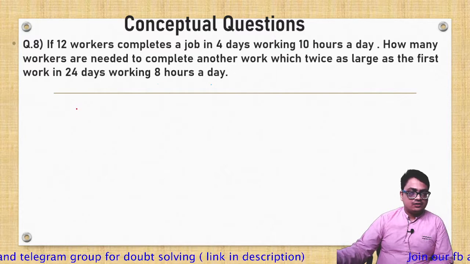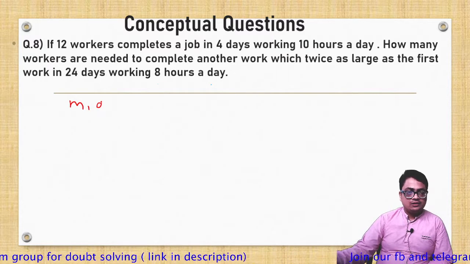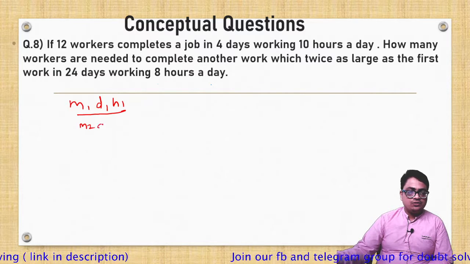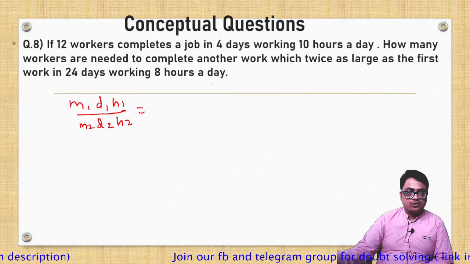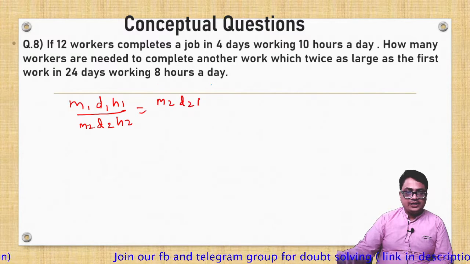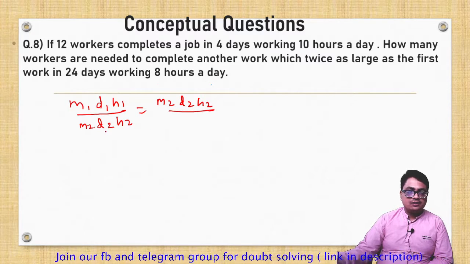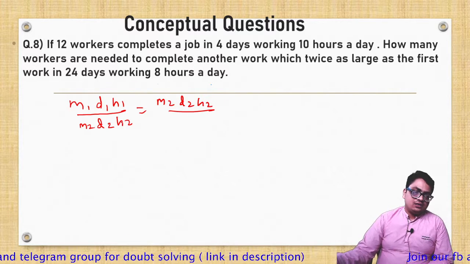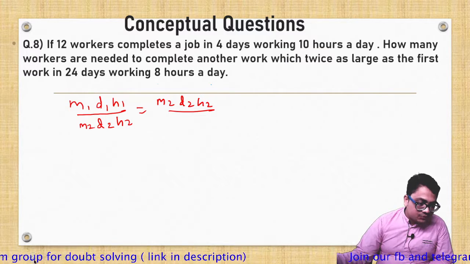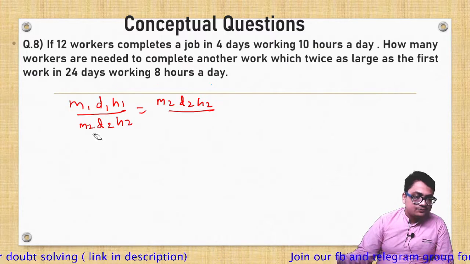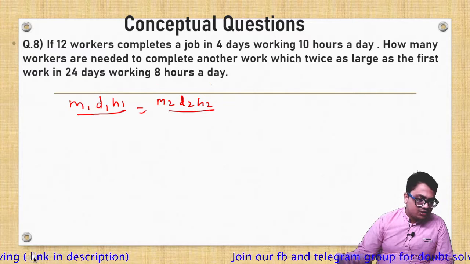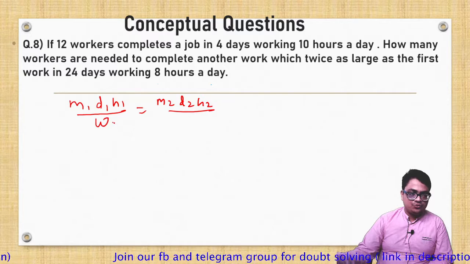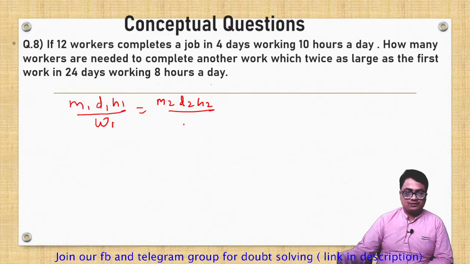So we know M1 D1 H1 divided by M2 D2 H2. I had made a mistake here. It is not really a mistake, but you have to stick to one formula.